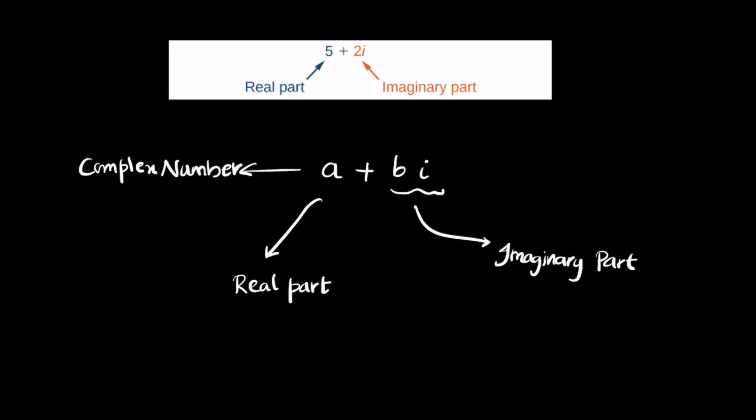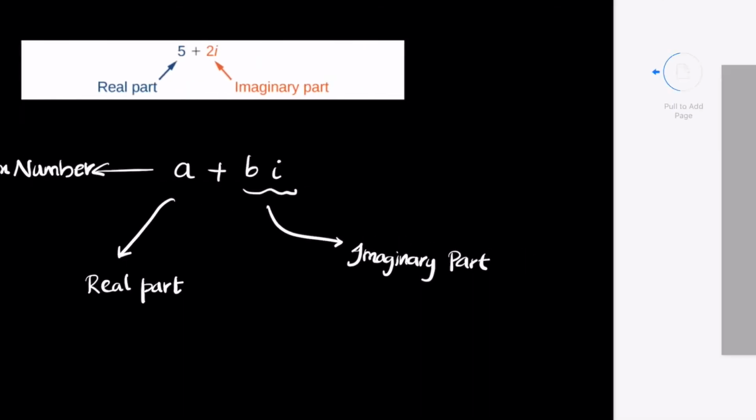One way to imagine a complex number is to think of it like a Cartesian diagram of two axes. On one axis you have the real numbers, on the other axis you have the imaginary numbers. So this is the imaginary axis and this is the real axis. On this axis you have all the real numbers and on this axis you have all the imaginary numbers.